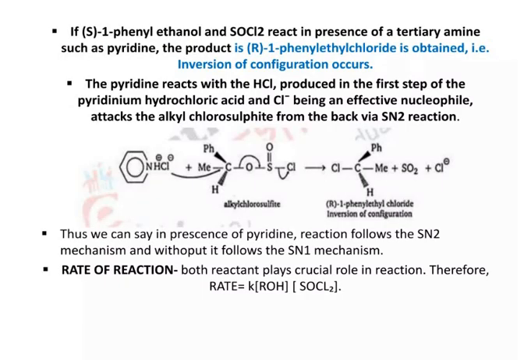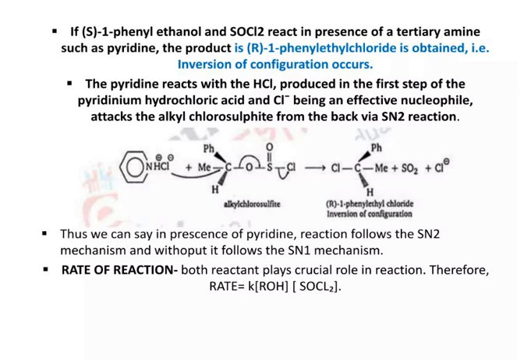If 1-phenylethanol and thionyl chloride react in the presence of a tertiary amine such as pyridine, the product 1-phenylethyl chloride is obtained with inversion of configuration. The pyridine reacts with the HCl produced in the first step to form pyridinium hydrochloride.